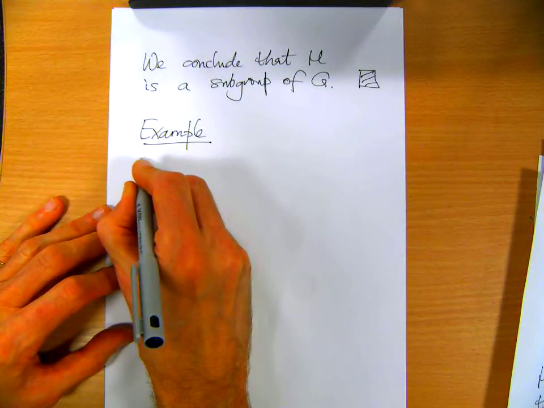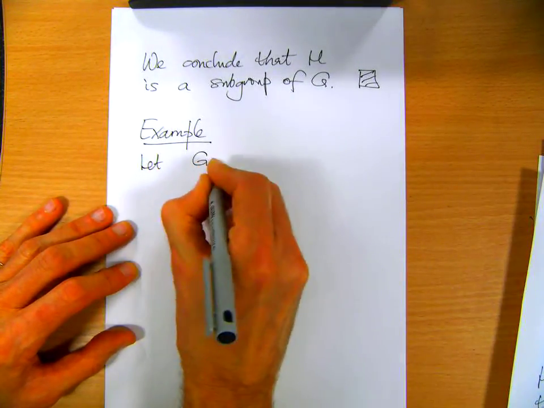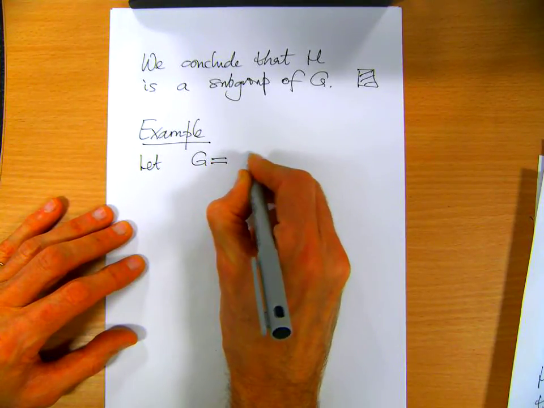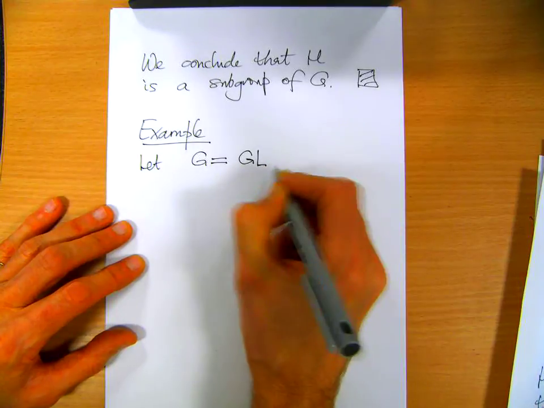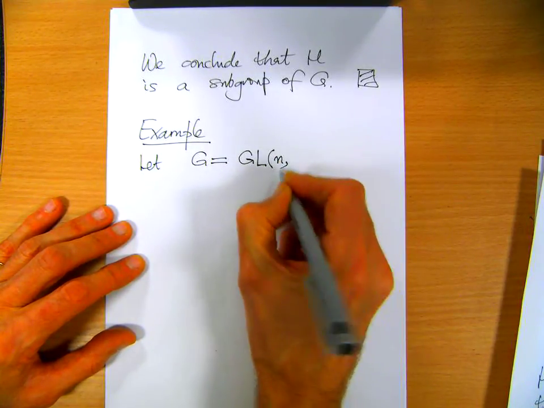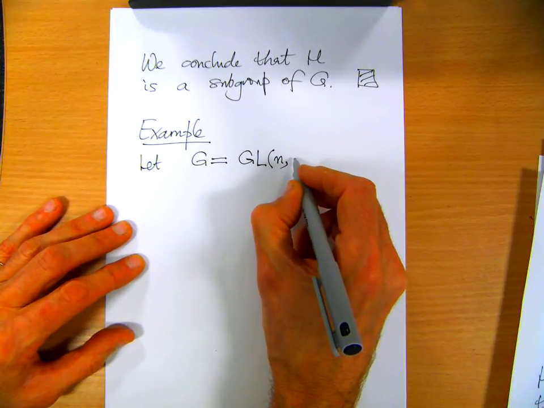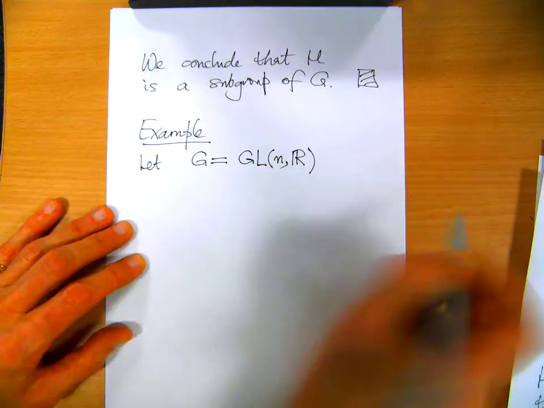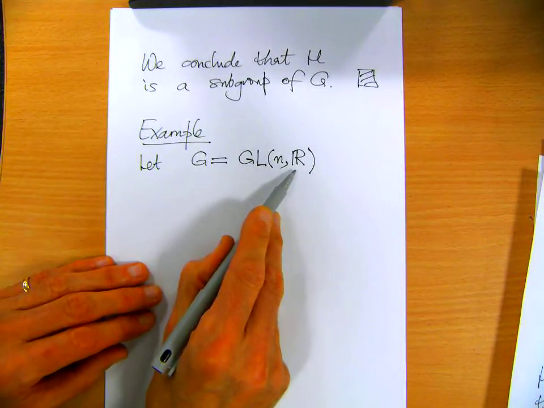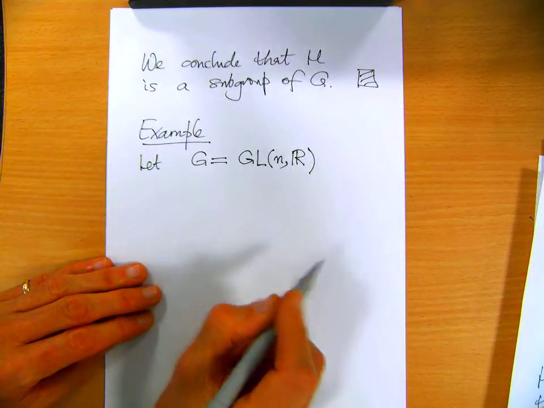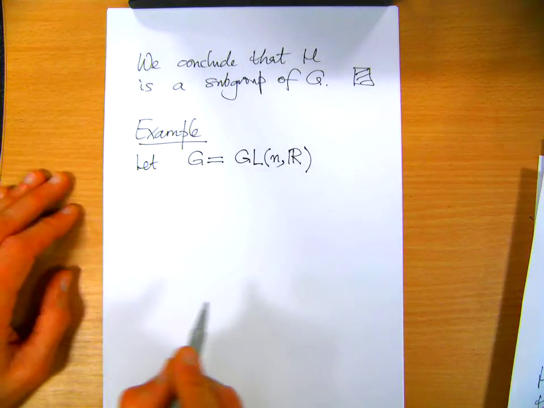So let's take the general linear group. We take it over the reals, but you could replace the reals here by the rationals or the complexes or the integers if you wanted.